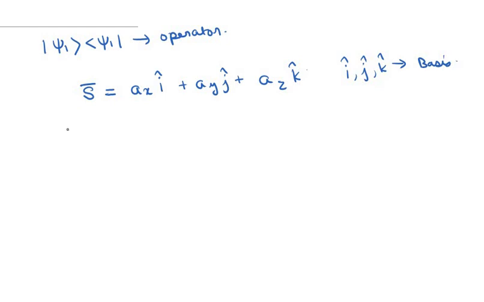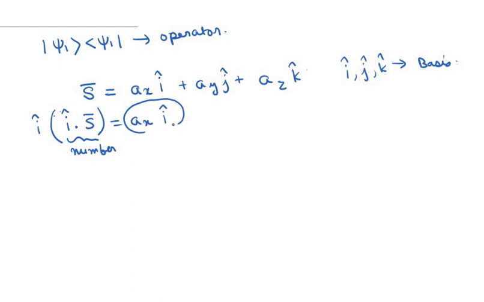Now if I do the dot product of i dot s, it basically gives me ax. This dot product is basically a number. And then if I multiply it with i, this gives me the component of the overall vector in the x direction.